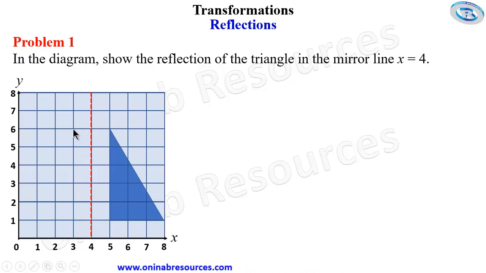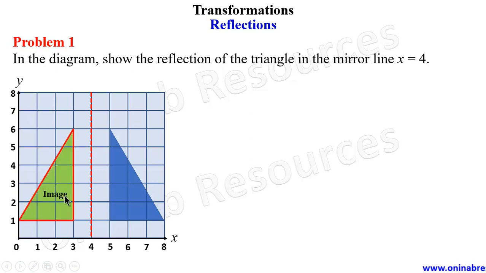And the base, which is 3 units, we also start from here, we count 3 units, 1, 2, 3. So the base is going to be from here to this point. So we have it drawn. Then we can now join from this point to this point, and we have this as the image while this still remains the object. So we are done with problem 1.